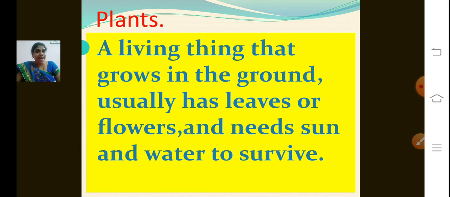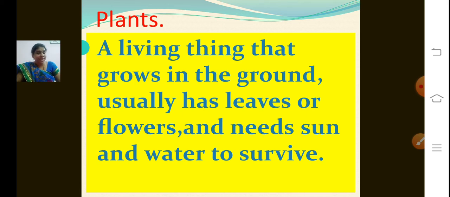So usually it has leaves or flowers and needs sunlight and water to survive. How can it survive? Mainly it needs sunlight and water to survive. I'll repeat it one more time. What are plants?